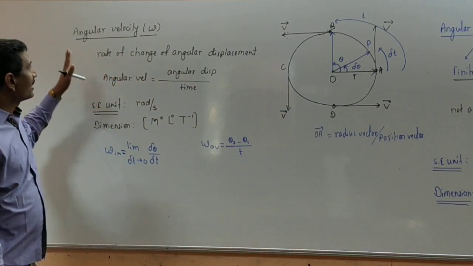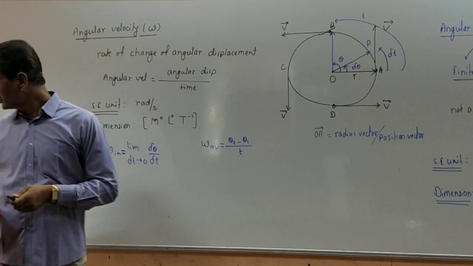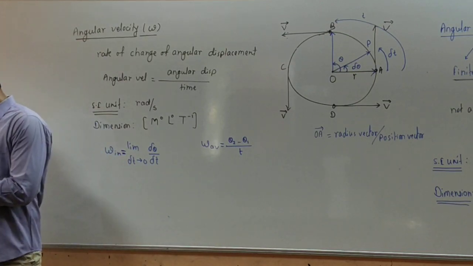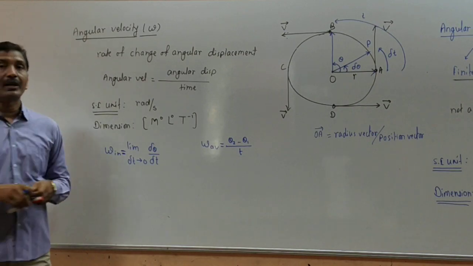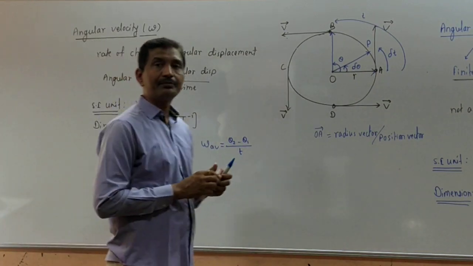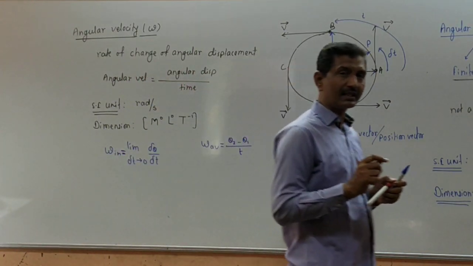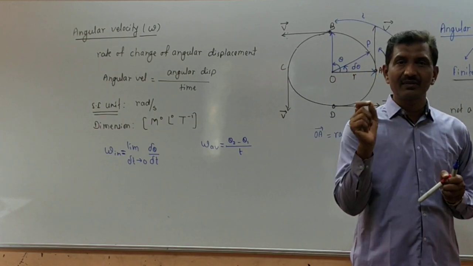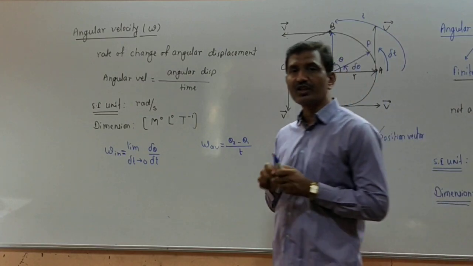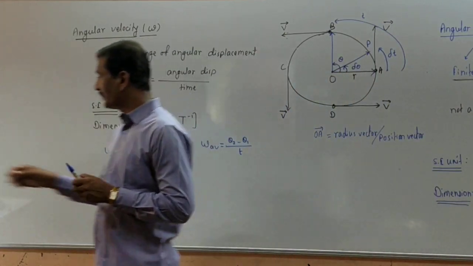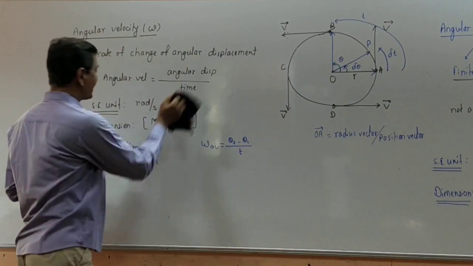Now we consider the relation between linear velocity and angular velocity. As the particle performs circular motion, it possesses linear velocity as well as angular velocity. So we consider the relation between them with this simple example.